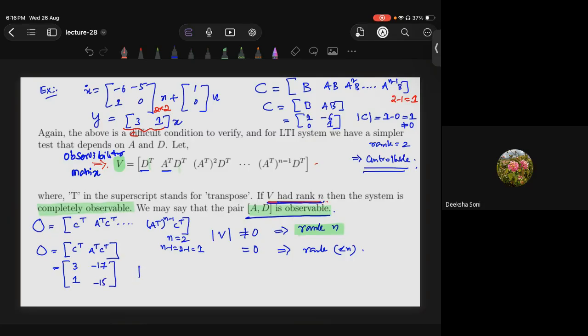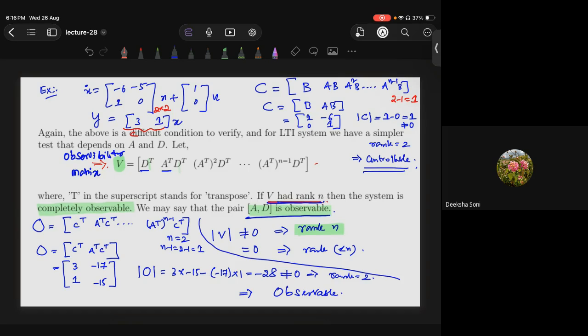So what is the det of this O matrix? It is 3 multiplied by -15, minus of -17 multiplied by 1, which is nothing but -28, which is not equal to 0. Correct. So the rank is 2, hence the system is observable.